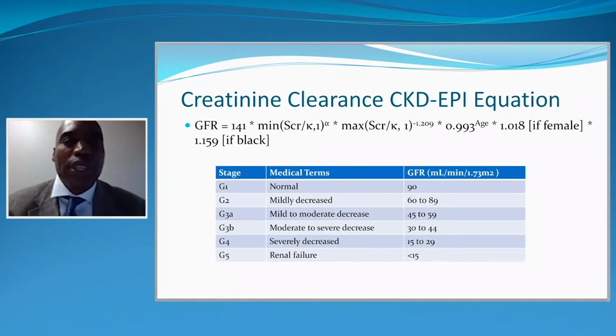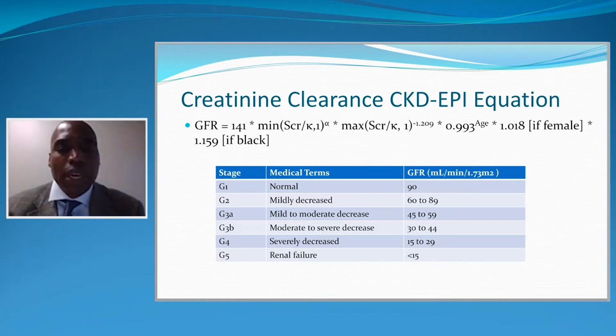This slide goes over the calculation of the creatinine clearance that we use here at Houston Methodist Sugarland Hospital, along with the stages of chronic kidney disease. So of course, stage 1, or under normal circumstances, the GFR of over 90, mildly decreased GFRs from 60 to 89 milliliters per minute.